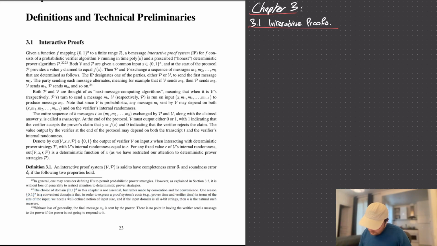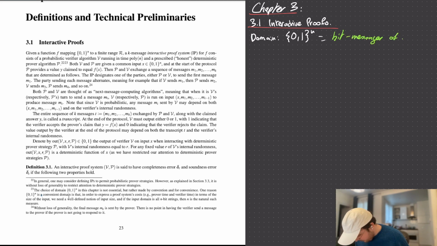So the domain is 0, 1 to the power of n. Meaning it's just bit messages of size n. This is what it means.